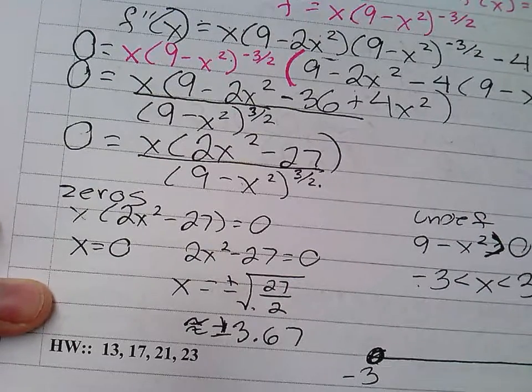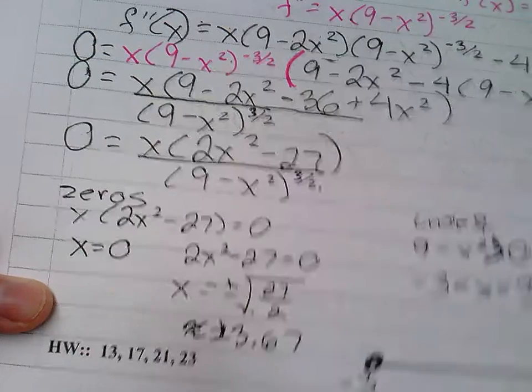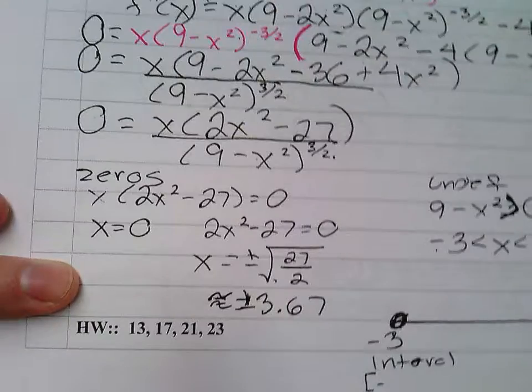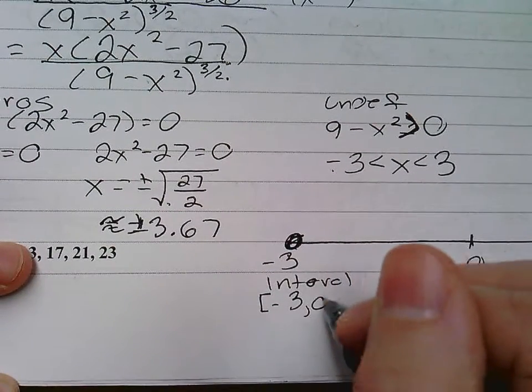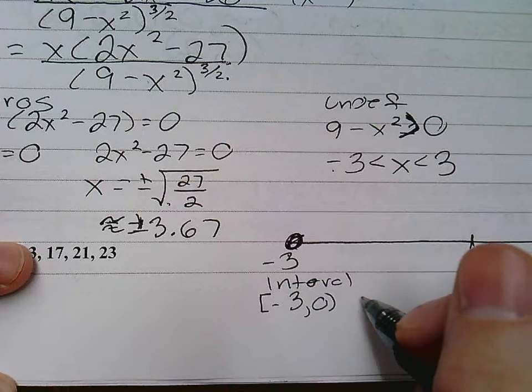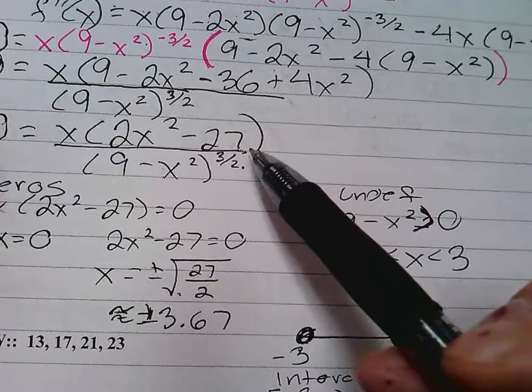Okay, so intervals. You've got negative 3. The only reason it's brackets is because of what you have in the domain. Okay, negative 3 to 0. I'm going to choose f double prime of negative 1 and put it right in f double prime here.